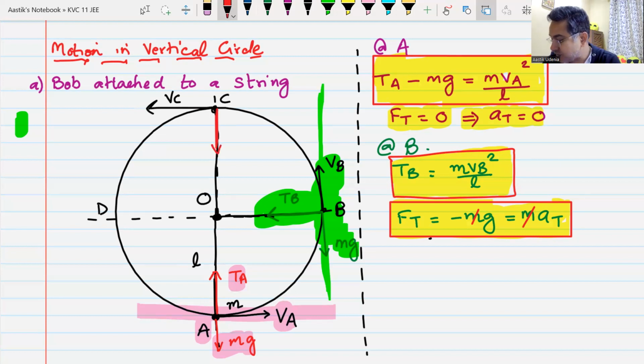So we have tension TC, downward because the string is always trying to pull, and then you have the weight mg, which is now also going in the tangential direction.